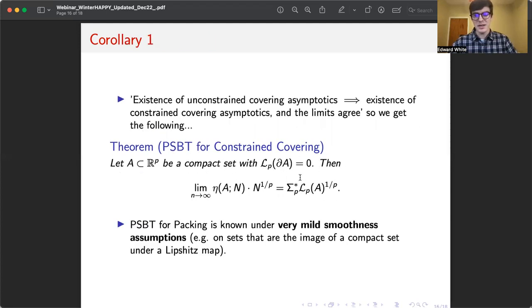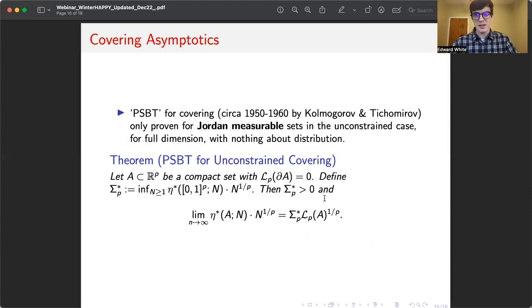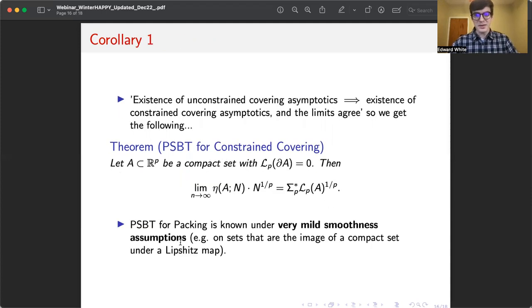So essentially we need some mild smoothness assumptions. Then we get for free that the constrained covering will match the limit that they obtained. So what we've shown is that the Poppy Seed Bagel Theorem for packing holds under some very mild smoothness assumptions, and in fact, we can extend it even more.